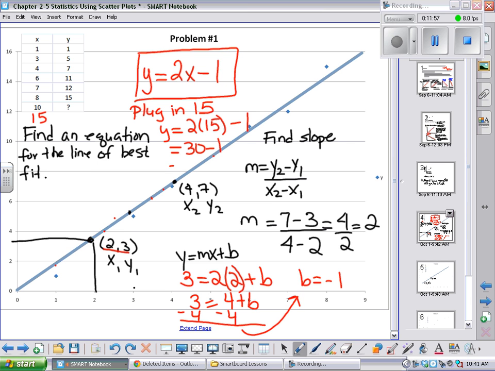Minus 1 is 29. So in my table, I would get x is 15. When x is 15, y is 29. That's the whole point. Let's try another one.